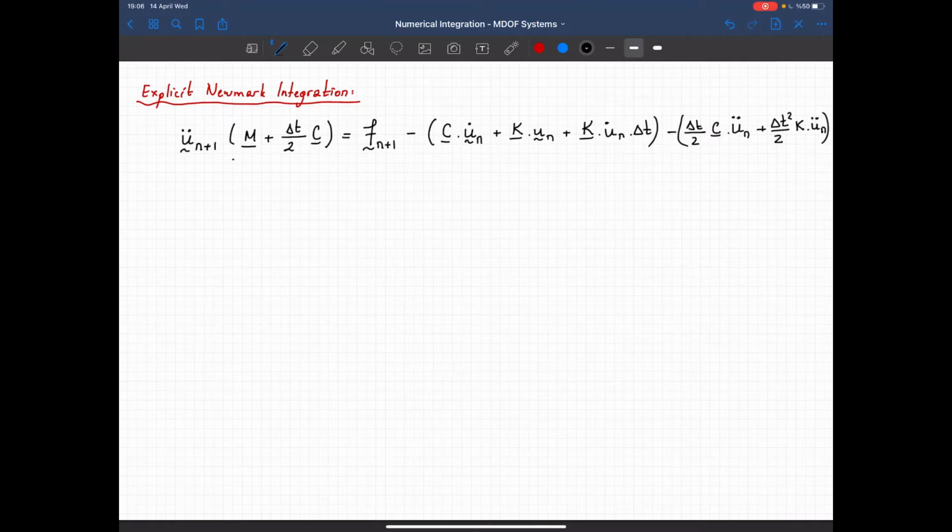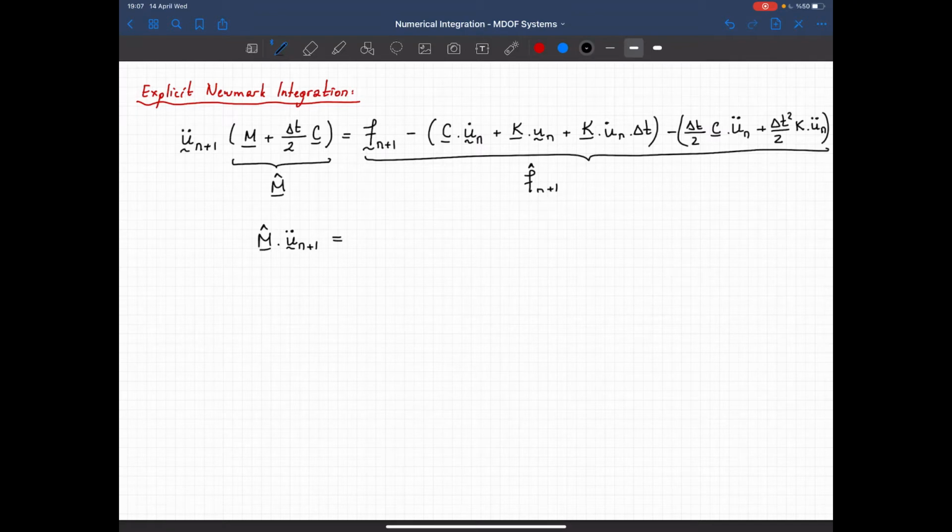And we said that this acts like a new mass matrix, so let's call it M hat, and this part acts like a new force vector F hat n plus 1, and at the end of the day we have M hat matrix multiplied by the nodal accelerations, and that's equal to F hat n plus 1.